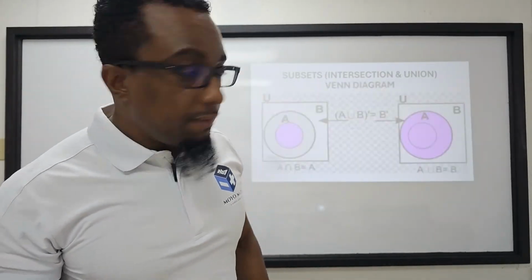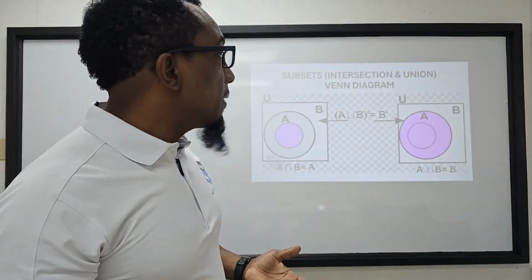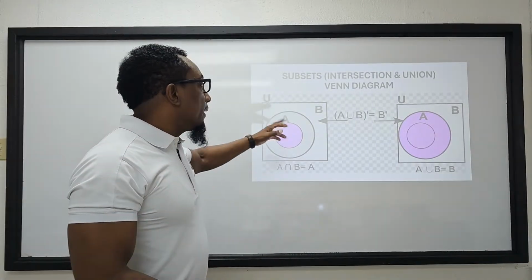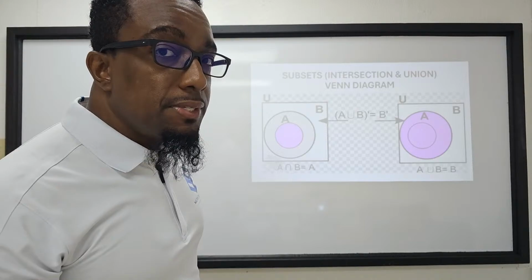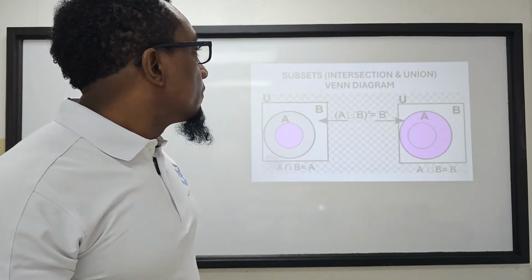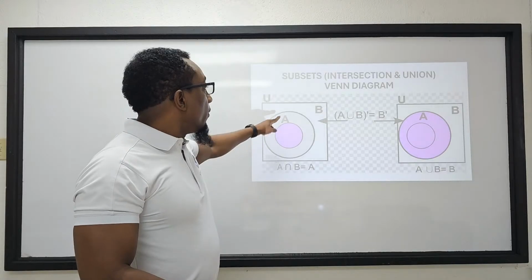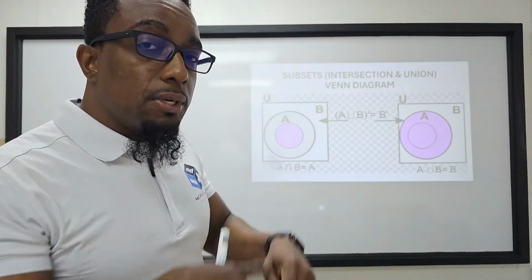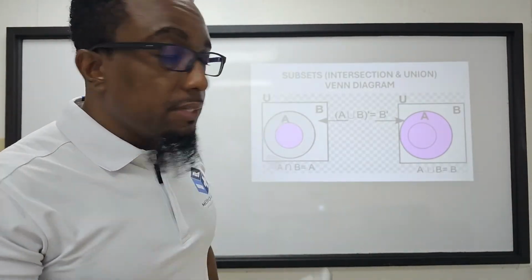But from the perspective of a Venn diagram, this is where we have to be careful. When it comes to intersection and union, from the perspective of a Venn diagram, you're going to show one circle within another circle.